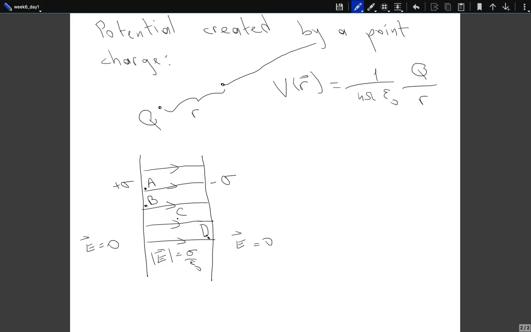Looking at the distance. Well, let's see. OK, so let me put one more point. So which distance would you like to look at? All of them are at the same potential. All of them, A, B, C, D, and E. OK, that's an idea.